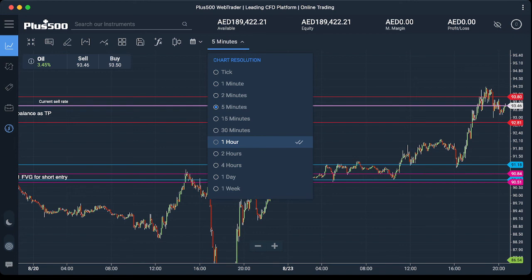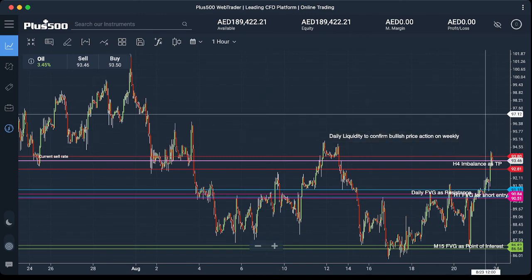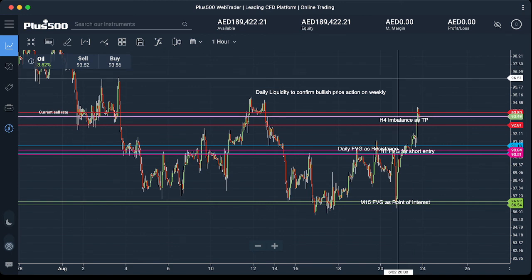For the rest of the week, what I can see now, we are definitely looking for confirmation on a weekly for buying crude oil. But for the rest of the week, it is going to be risky.